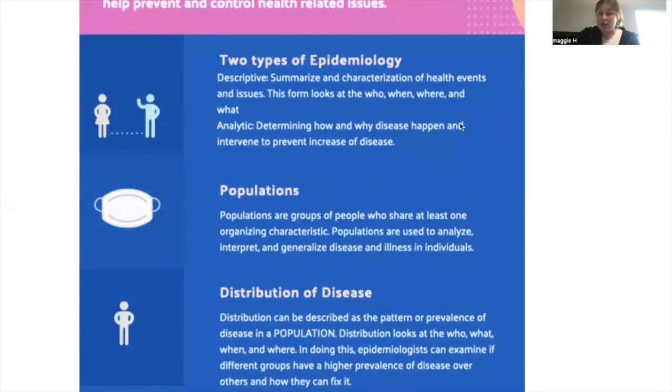Next, I want to talk about what exactly a population is, because epidemiologists use populations pretty often because it's hard to individualize data because there's so many people in the world. They kind of have to make an overall blanket statement sometimes just to describe exactly the disease and different things like that. So populations are groups of people who share one organizing characteristic. And populations are used to analyze and interpret and generalize disease and illness in individuals.